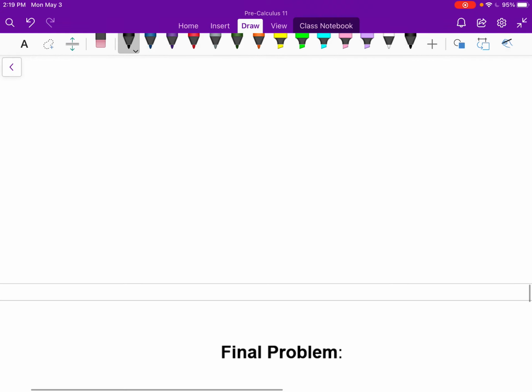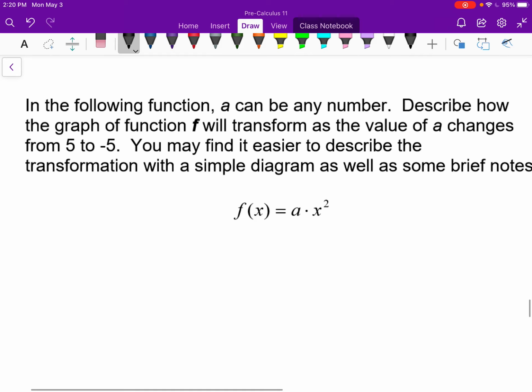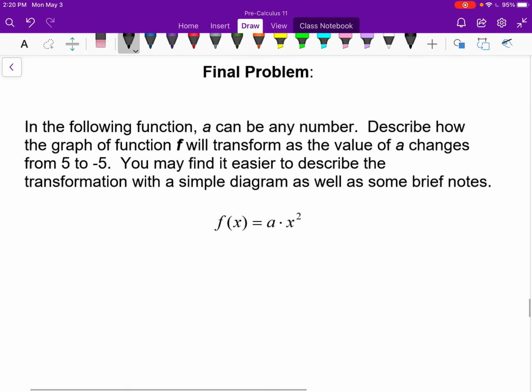Okay, and now the final problem. Very similar to the final problem from the last lesson. If I have x squared and I just multiply by some number a, and I change a from -5 to 5, how will that change the shape of these graphs? Or what will change and what won't change? Very similar to the final problem from my review of linear functions.